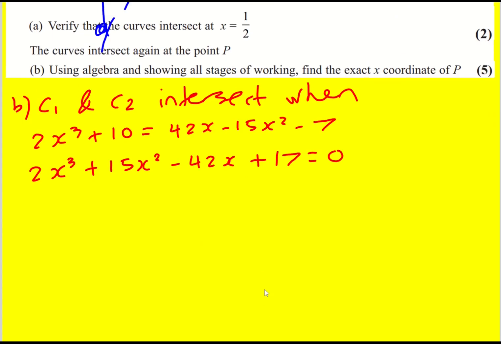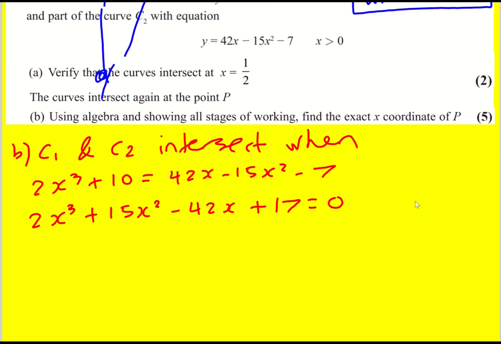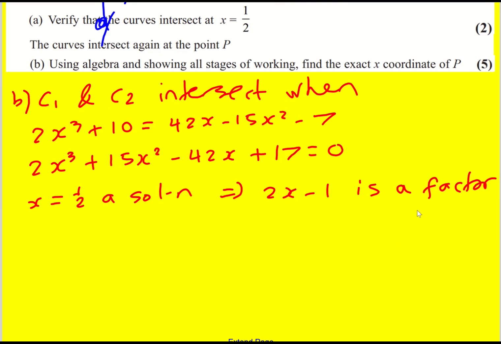But remember, we know that x equals a half is a solution. And that implies that 2x minus 1 is a factor of the cubic. There are different methods you can use, but I'm just going to do a polynomial division.